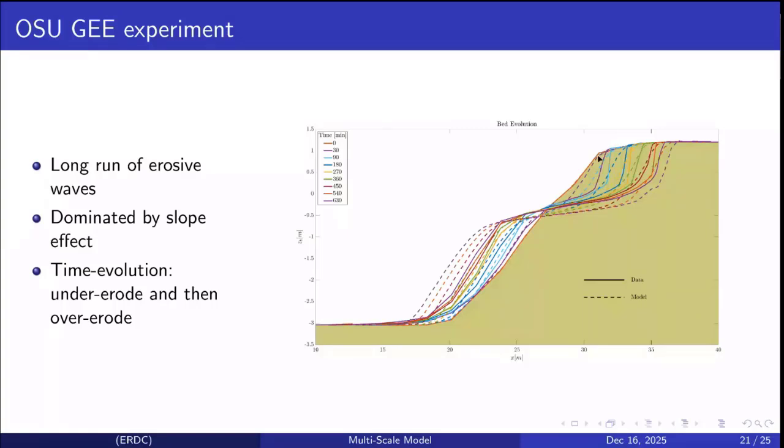And when it comes to time evolution, you'll see that I have several colors, starting with purple and ending with, I guess, purple, unfortunately. And the data are shown as solid lines, and the dashed lines show what is predicted by the model. So right off the bat, you'll note that from time 0 to the first hour, you end up with an under prediction of the sediment transport and associated morphology.